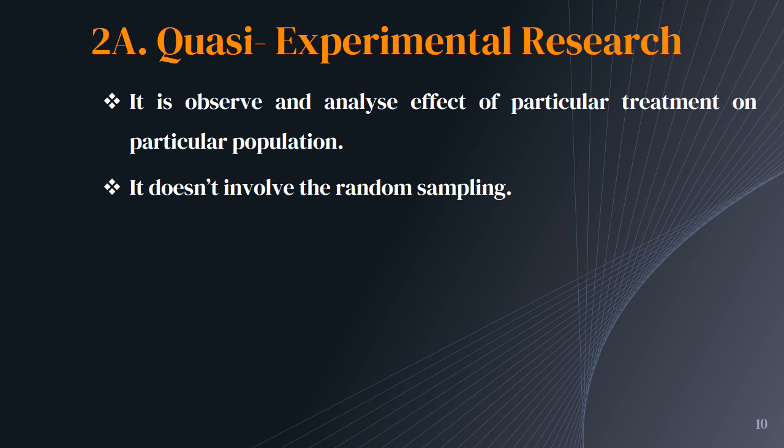Means we are going to select a small problem area from the experimental and carry that out. And how quasi-experimental research differs from the experimental is that it doesn't involve random sampling. In the experimental we involve random sampling. In the quasi-experimental, since its coverage area is very limited, we are not going to involve random sampling.